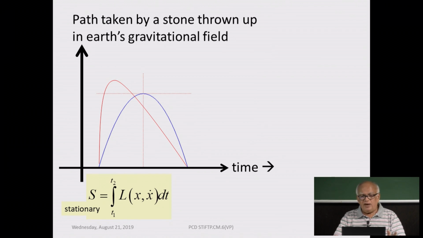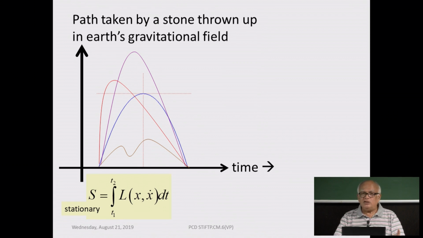You know that it starts from here and it falls back over here. So if x is the height, then it starts from x equal to 0 and returns to x equal to 0. And between the start and the finish, it can take so many different kinds of trajectories.